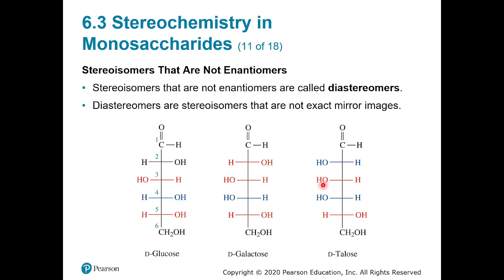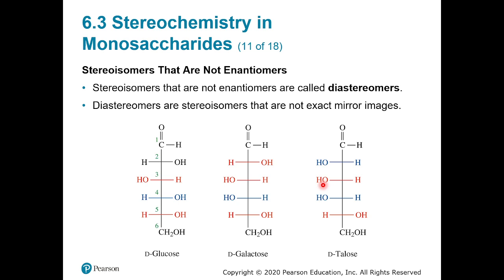These right here, see how they have different names and not just L and D? That's because they are not enantiomers. They're diastereomers. Think of it as like di. You have two options for each chiral center.